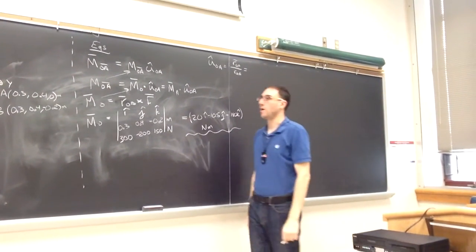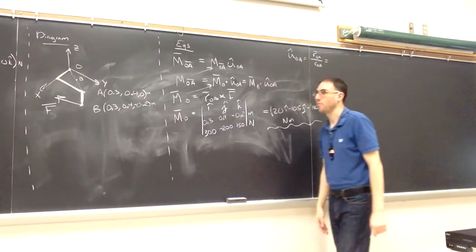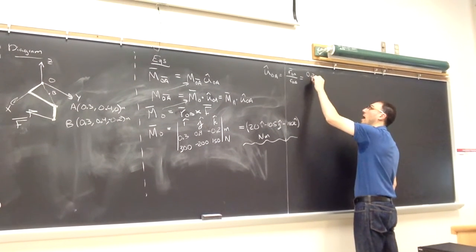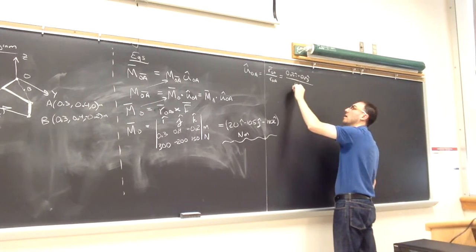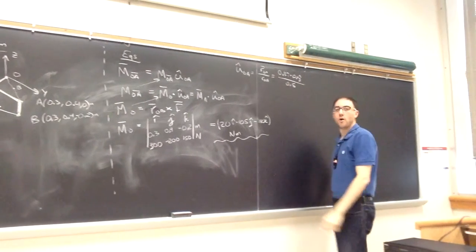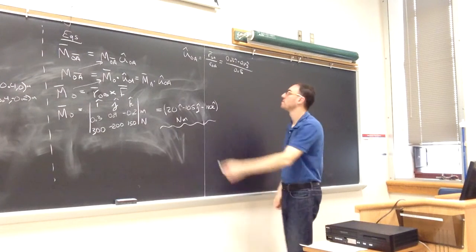The position vector OA is going to be the endpoint minus the start point, in this case 0.3i plus 0.4j, over the magnitude of that, which will be 0.5, since this is a 3, 4, 5 triangle.